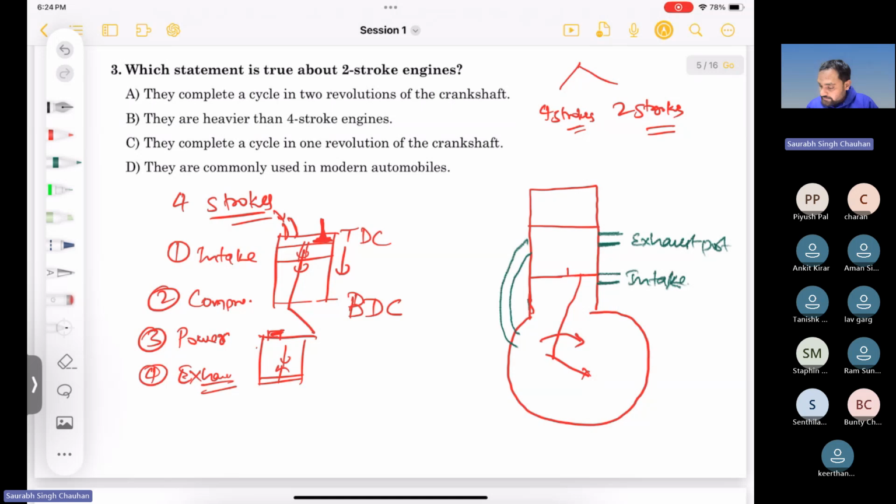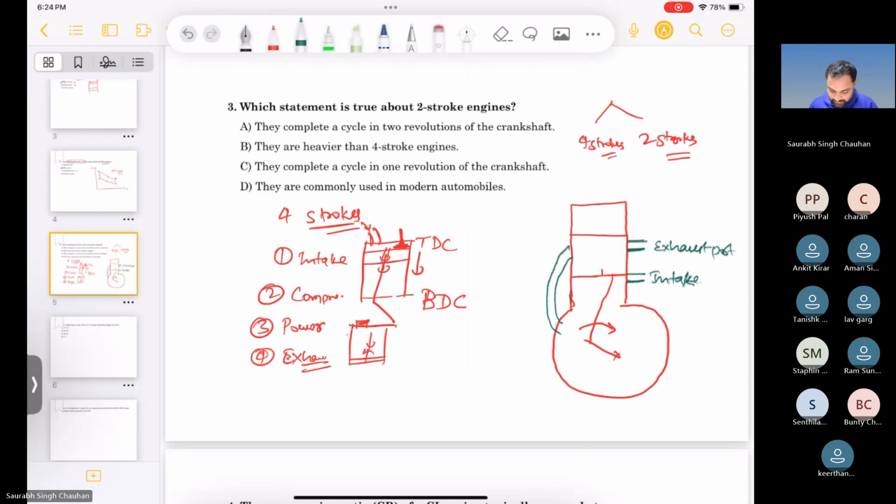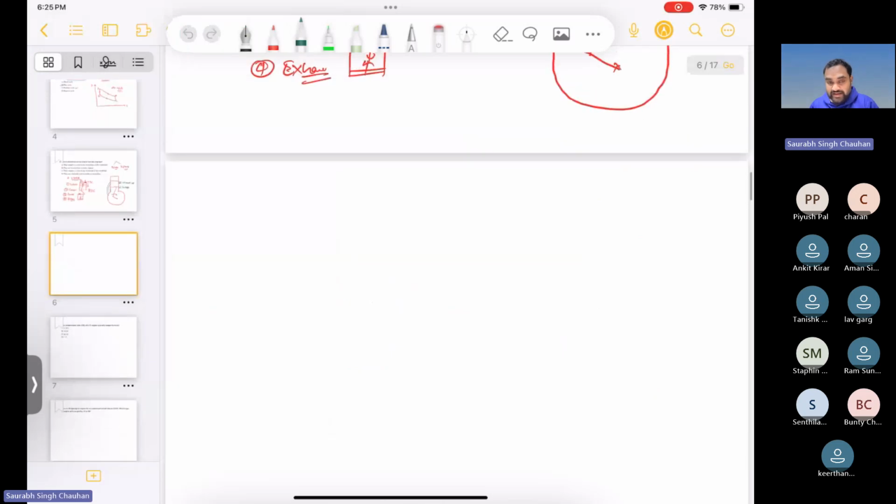Now one more thing. What is happening in the crankcase? In the crankcase, there is a crankshaft. Let us say this is the crankshaft. It is rotating, and this is connected to the piston.